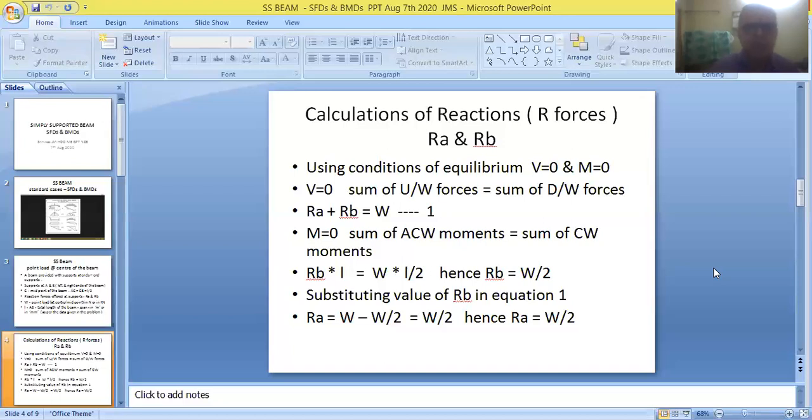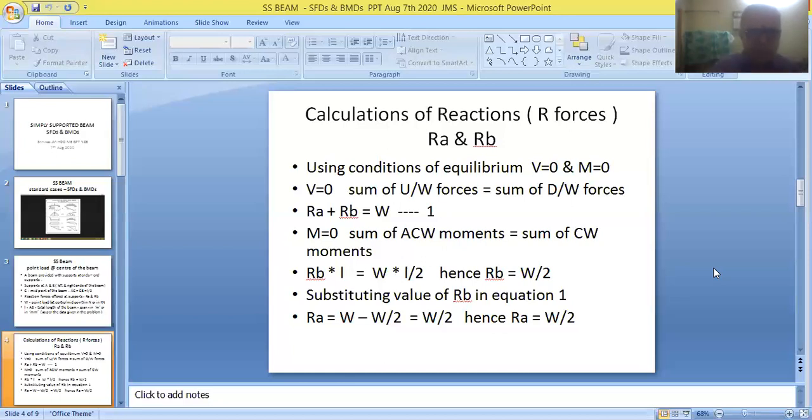So we are getting an equation in terms of RA and RB. Using the first condition of equilibrium, RA plus RB can be written as capital W.